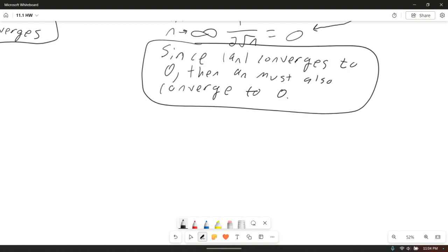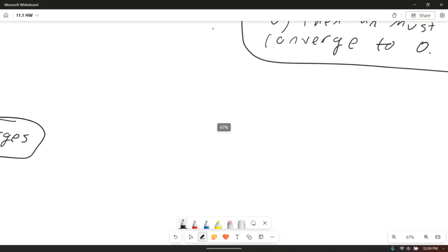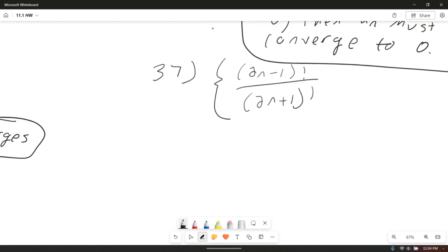Okay, 37. This one's quite interesting, or at least I thought so. For 37, we have a sequence, and I believe this is the first one where we're using this sort of sequence notation: 2n minus 1 factorial over 2n plus 1 factorial.